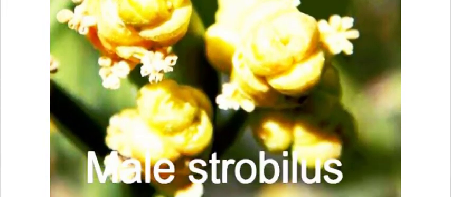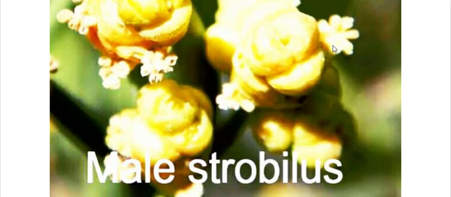This is also another diagram to show the male strobilus or male cone. These are the male cones on which the bracts are produced. Bracts are produced in pairs, and in the axils of these bracts the microsporophylls are produced, on which the microsporangia are produced.